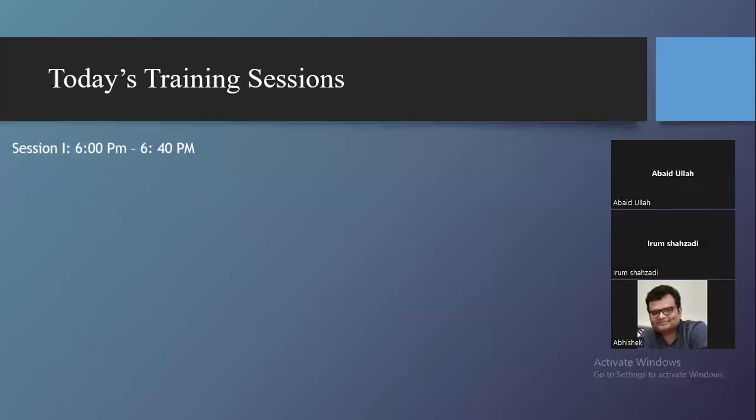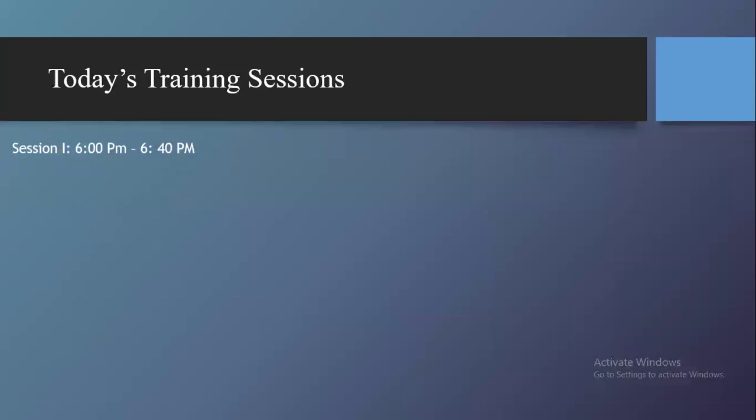Session one will run from 6 p.m. to 6:40 p.m. Session two will run from 6:50 p.m. to 7:30 p.m. Session three will start at 7:40 p.m. and we will end at 8:20 p.m.